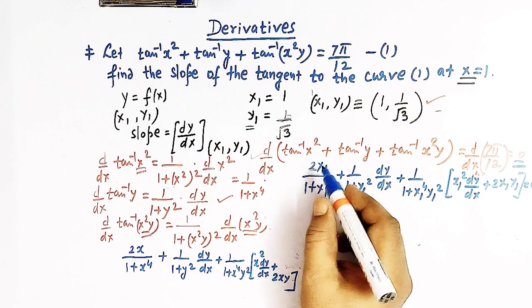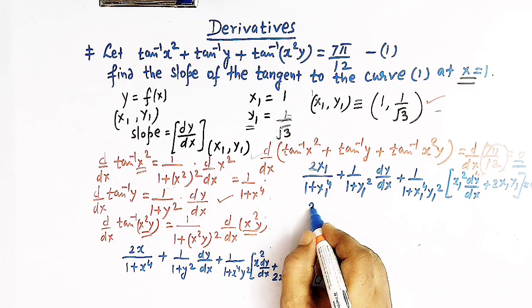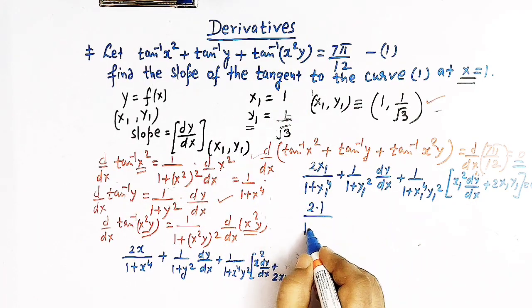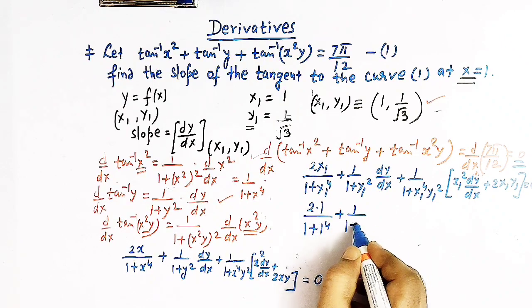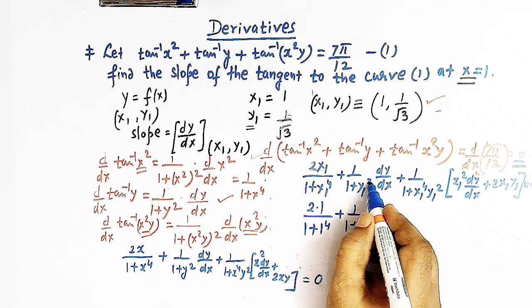So 2x1, now x1 is 1, so we have 2 times 1 over 1 plus 1 raised to 4. Here we have 1 over 1 plus y1 square.